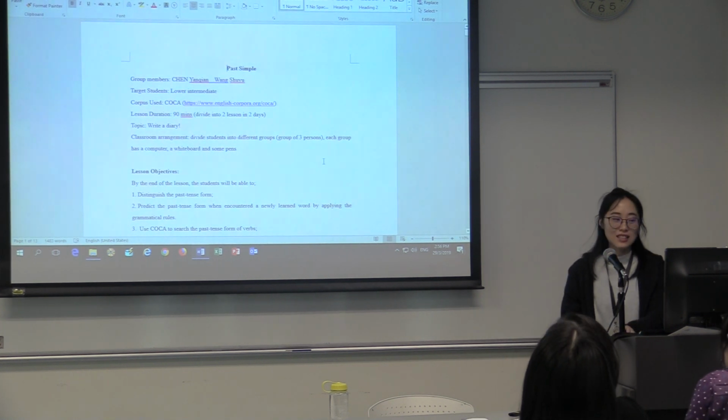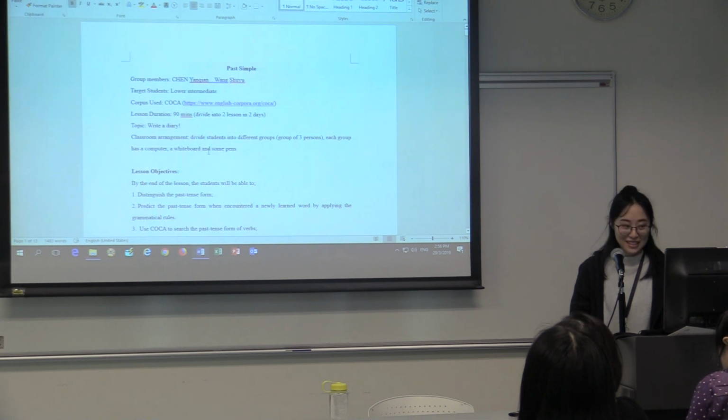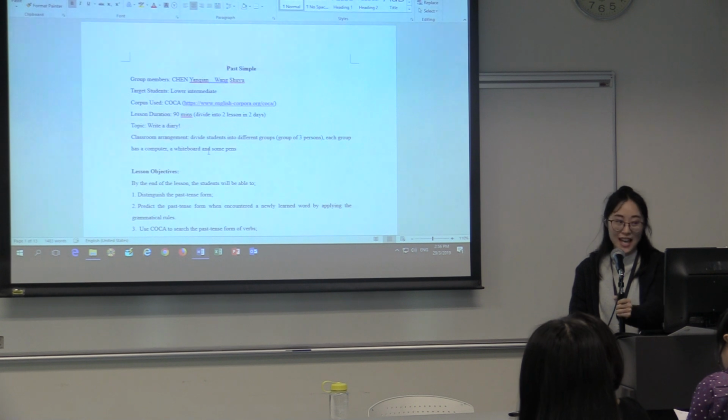Our topic is writing a diary, and we focus on the past simple tense.